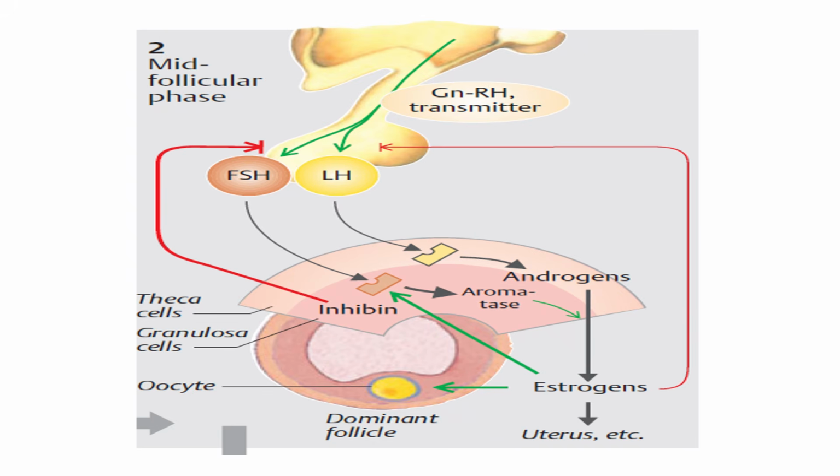In mid follicular phase, FSH is acting over the granulosa cells, which secrete a hormone inhibin which inhibits FSH secretion. So FSH is inhibiting itself by using a hormone inhibin.